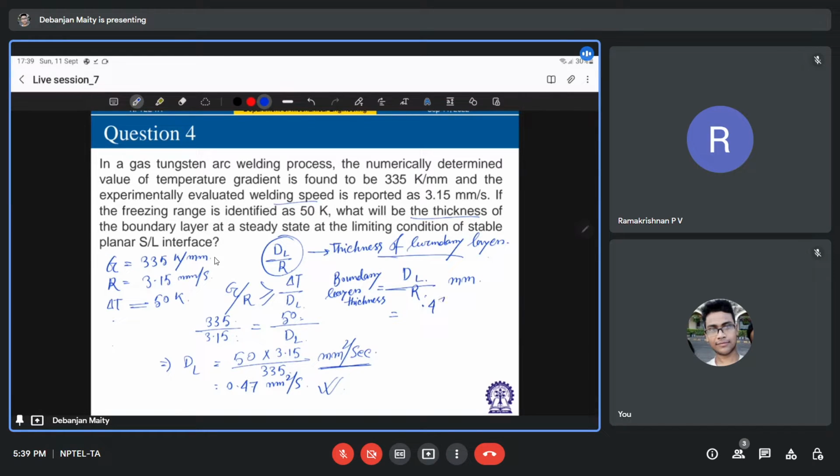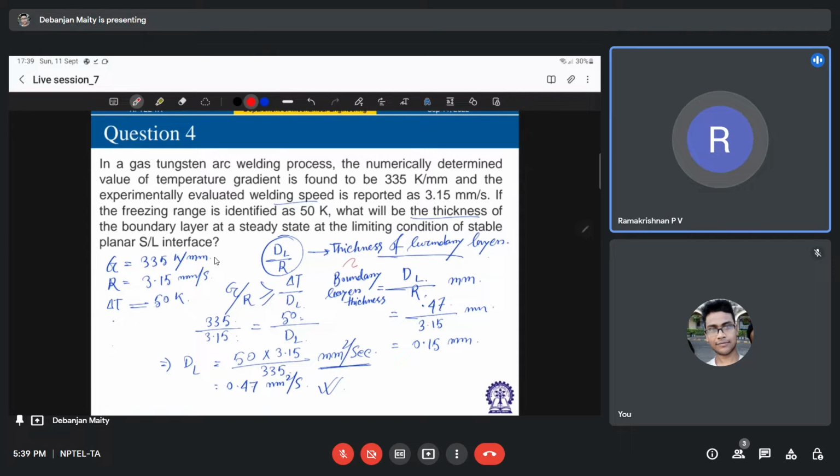It's coming as 0.47 divided by 3.15. How much is it coming? I think it should come as 0.15. It's 0.149, so 0.14.